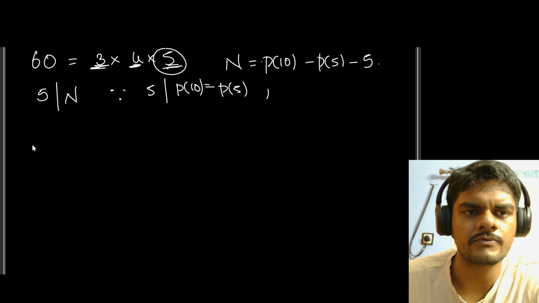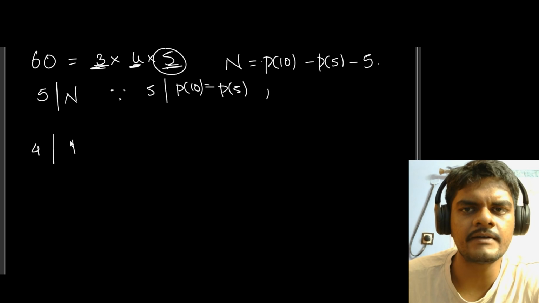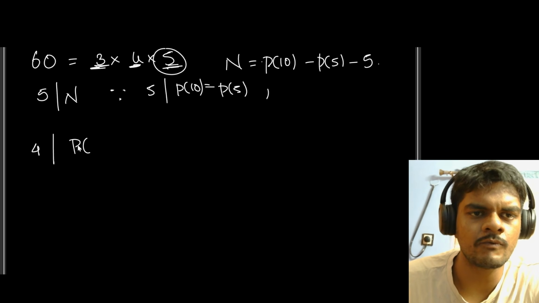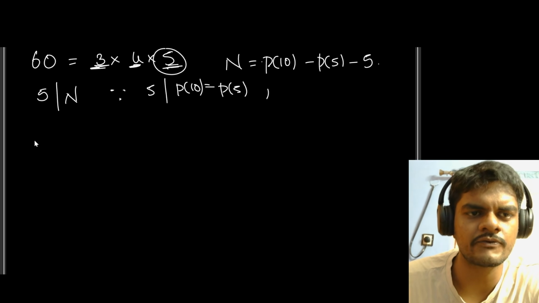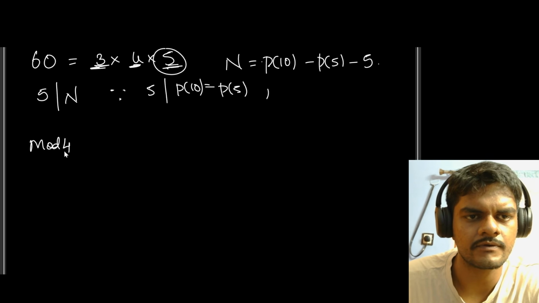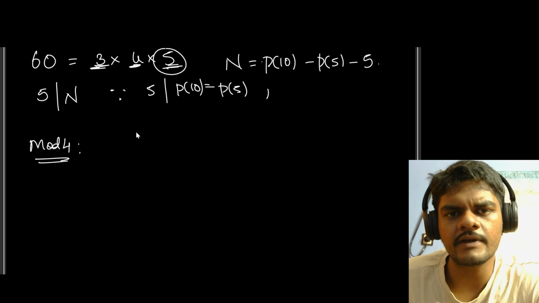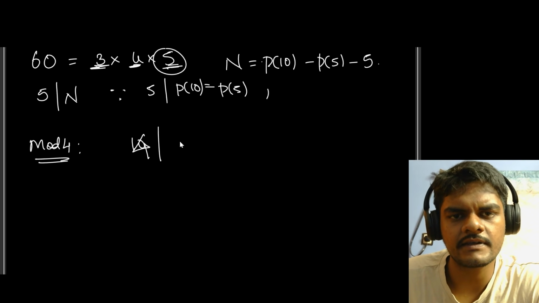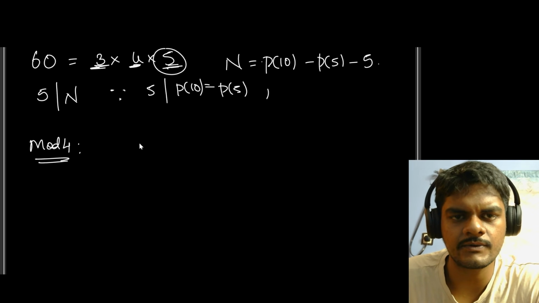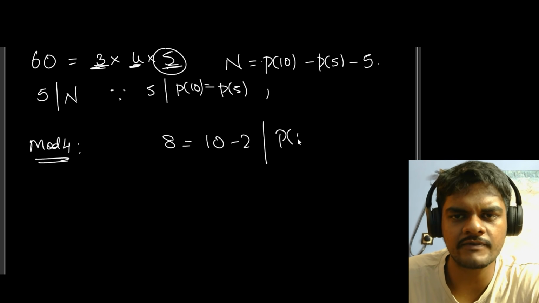What about 4? Let's do mod 4. So if you look at 4 divides 8, so let me write 8 equals 10 minus 2 divides p of 10 minus p of 2.